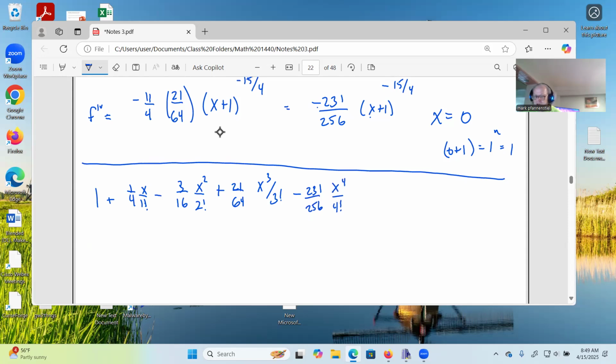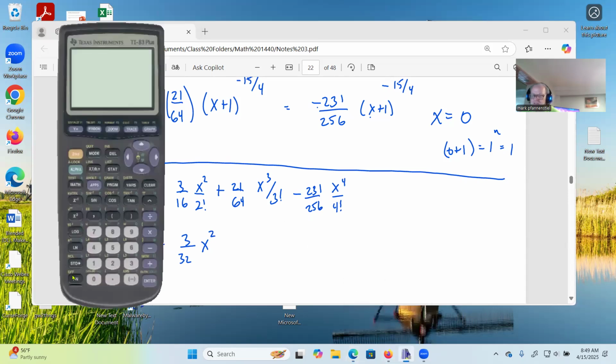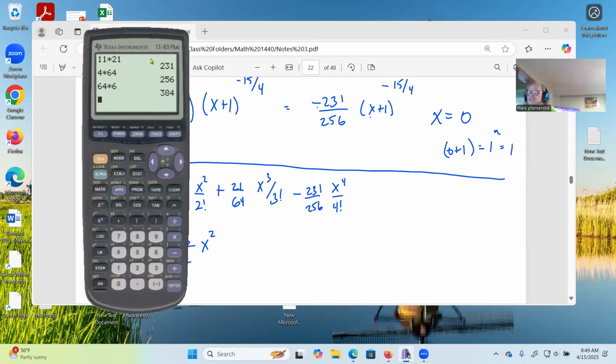So I have a 1 plus 1/4 x, minus 2 times 16 is 32, so we have 3 over 32 x squared. Let's see, we have 64 times 6, because 3 factorial is 3 times 2 times 1. So 64 times 6, that was 384.